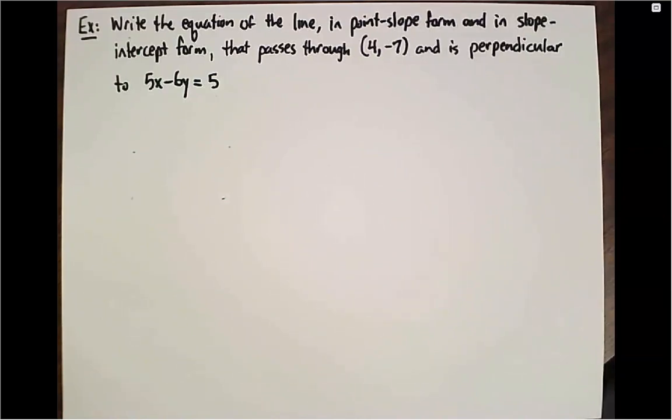So let's write the equation of the line in point slope and slope intercept form that passes through the ordered pair 4, negative 7. And this time it's perpendicular to the line that has the equation 5x minus 6y equals 5.